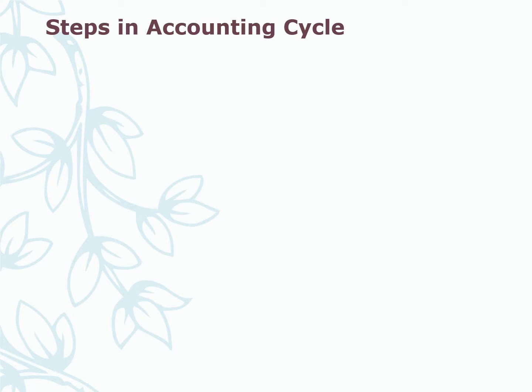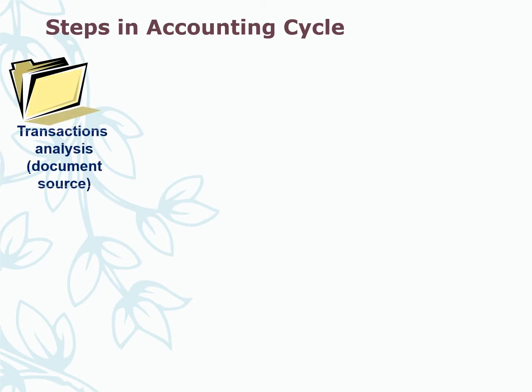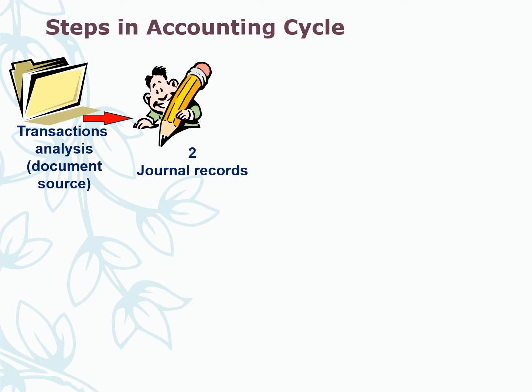Steps in accounting cycle. The first step is transaction analysis. That is, we analyse the business transaction from the source documents. The second step is journal records.